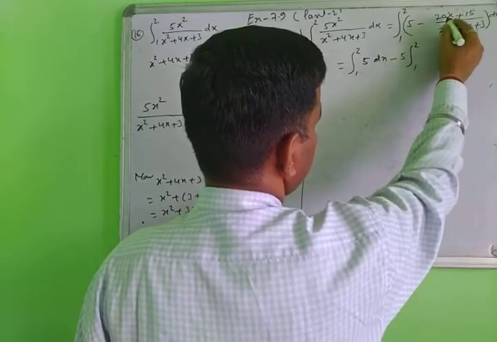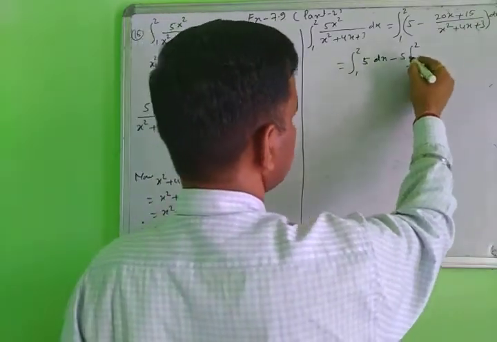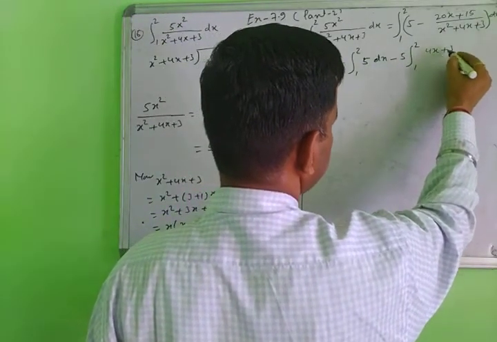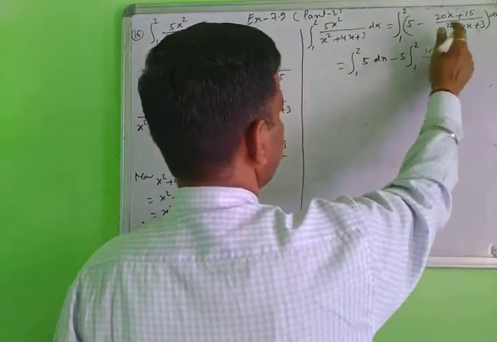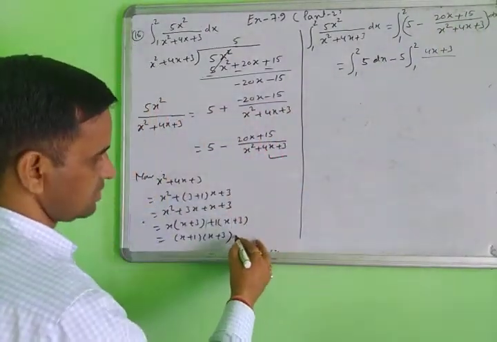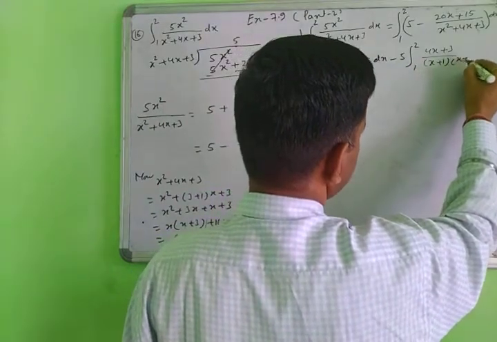What is left here? Only 5 times 4 is 20x, and 5 times 3 is 15, upon x square plus 4x plus 3, and the factor of this portion is x plus 1 and x plus 3.